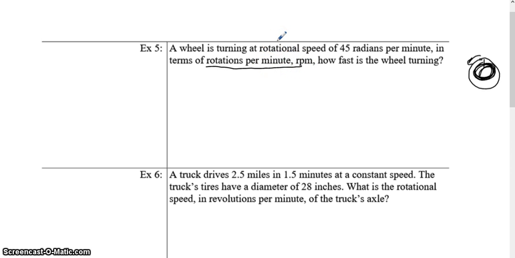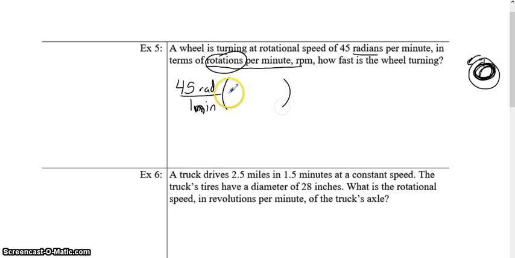The main difference between them is when you talk about something in astronomy, revolving around its own axis and rotating around the sun. A slight difference. We don't care right now for that. So really, when we look at this in 45 radians per 1 minute, all we've got to do is convert this radian to revolutions.